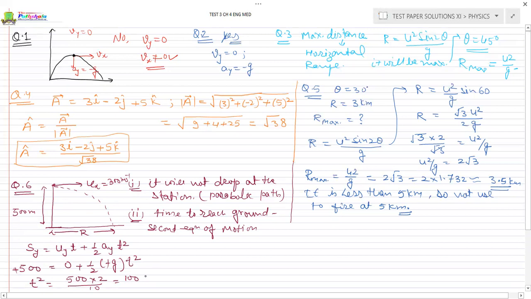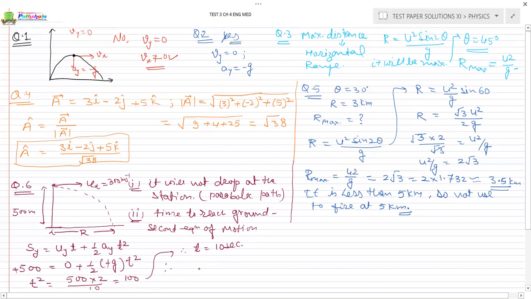So what will be the value of t? Therefore, t is equal to 10 seconds. Now we will find out the horizontal distance covered by this particle in 10 seconds. Now we want to find out this r, so I will find out the horizontal distance covered in this time interval.